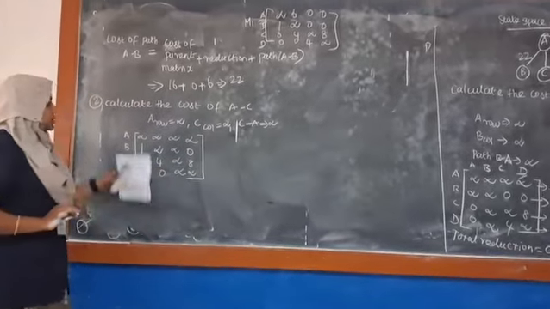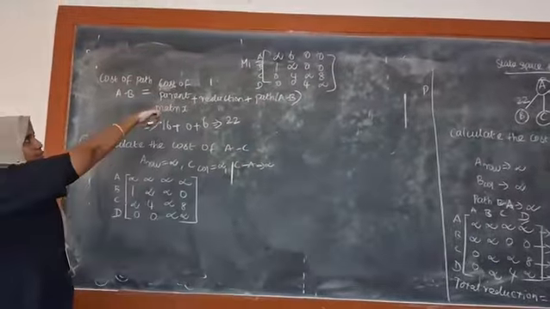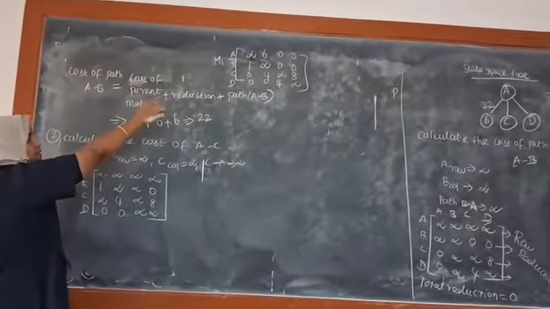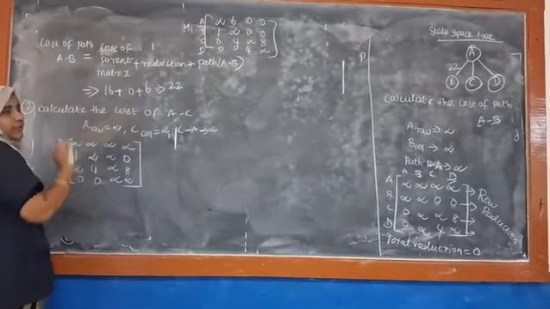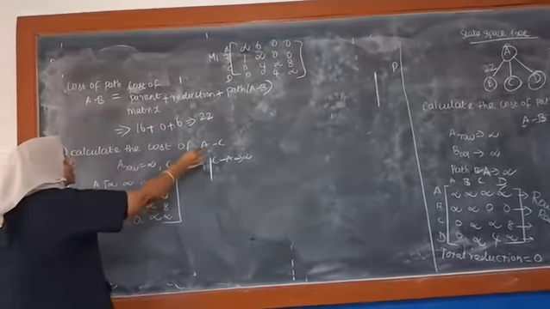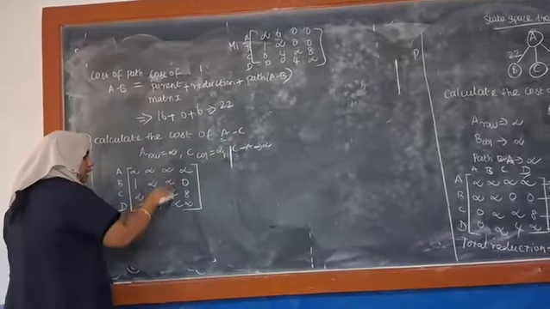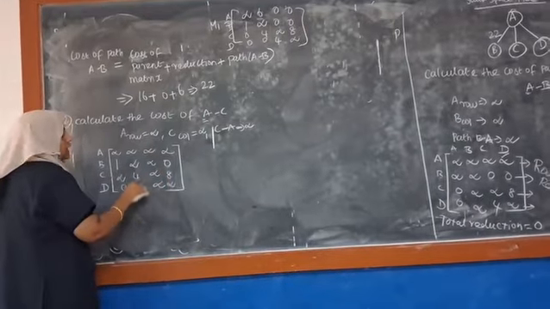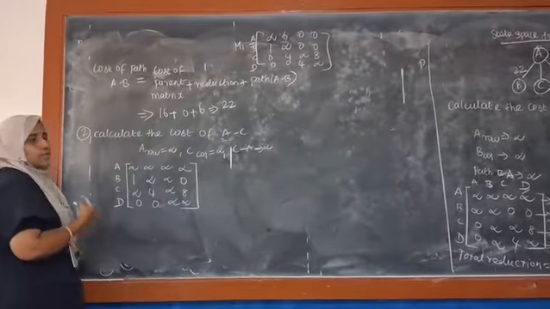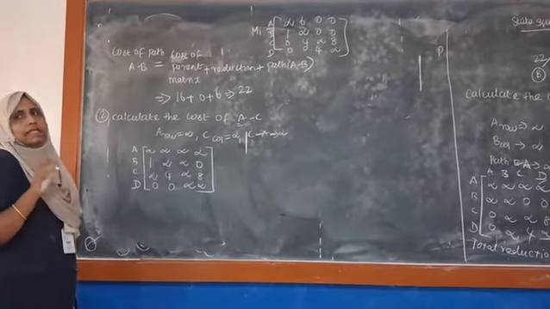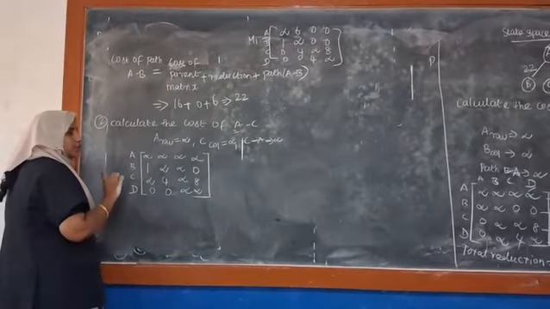I hope it's clear, right? So this is your first reduced matrix. From the reduced matrix only, I'm going to calculate the cost of A to C path. First the A row is filled with infinity, the C column is filled with infinity, and then C to A will be filled with infinity. Now we do row reduction and column reduction. Row reduction, you know, right?